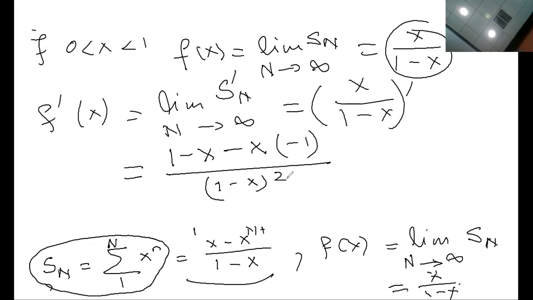What I'm doing is this: u divided by v, prime, is u prime v minus u v prime over v squared. You learn this in calculus. So this is equal to x minus x plus x, over 1 minus x squared, which gives 1 over 1 minus x squared.